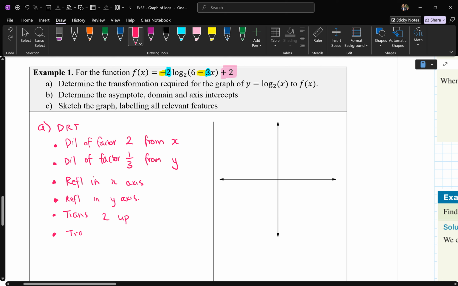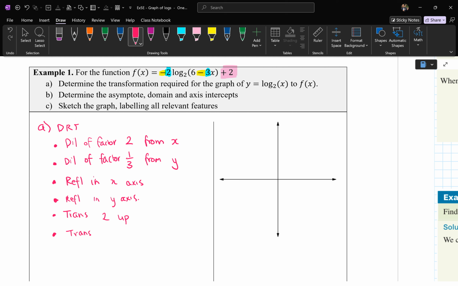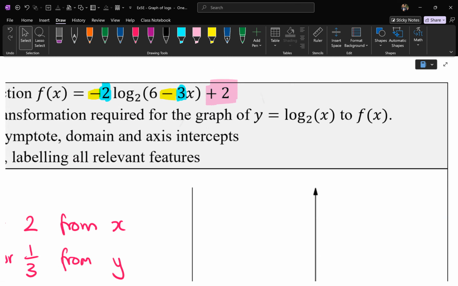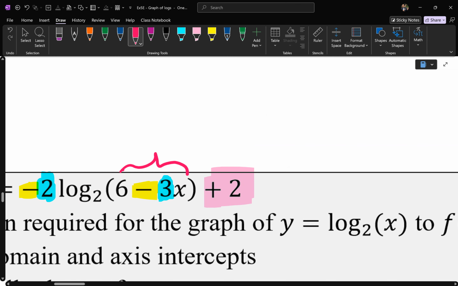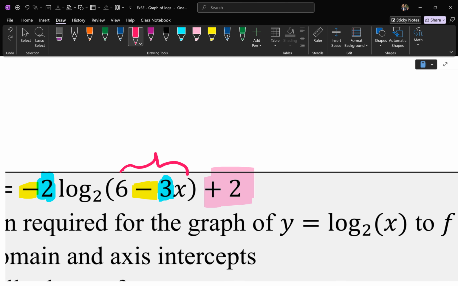Negative 6 on the x-axis. If you reorder it, it'd be negative 3x plus 6. But that always, like, am I wrong? Yes. One of the ways to read it, if it helps you, is to factorize it. Find the coefficient and then find what's not the coefficient.